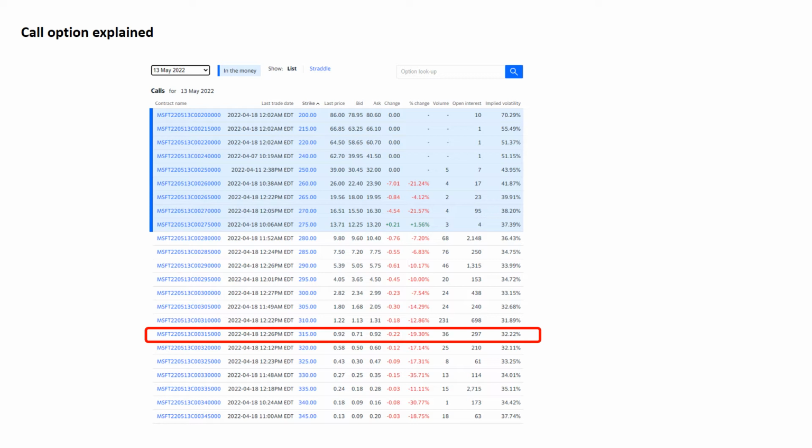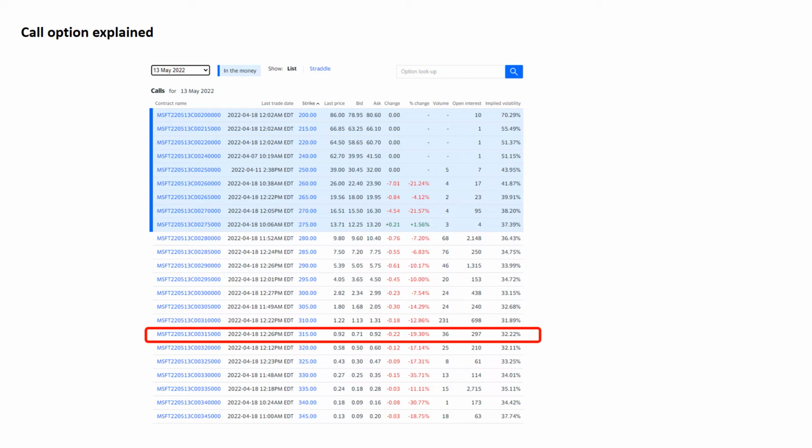The flip side to that coin is if on the 13th of May 2022, the price of Microsoft shares is less than $315, it makes absolutely no sense to the buyer of your call option contract to exercise his right, because why would he want to buy Microsoft shares at $315 when he could have bought it at a lower price in the market?